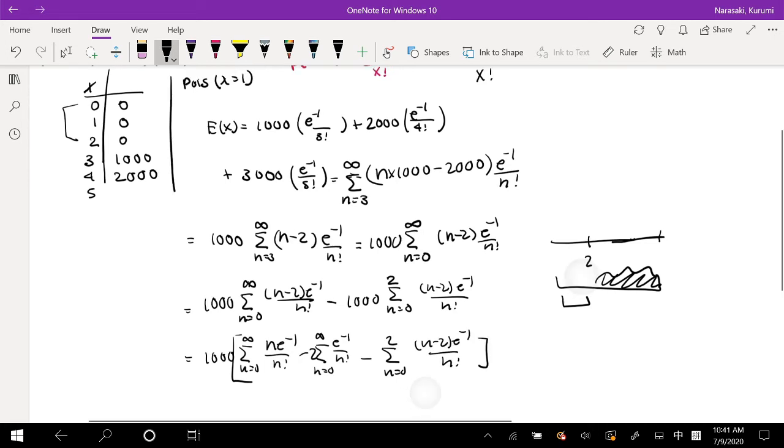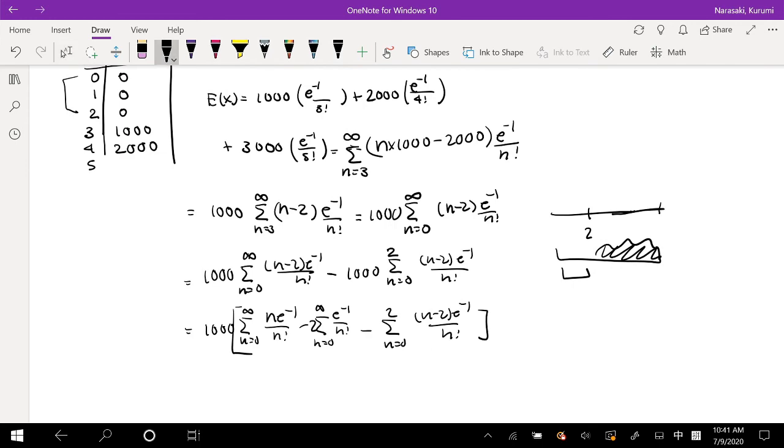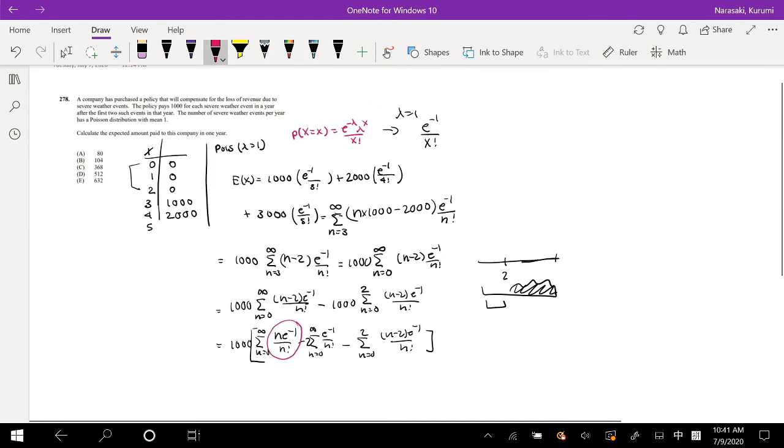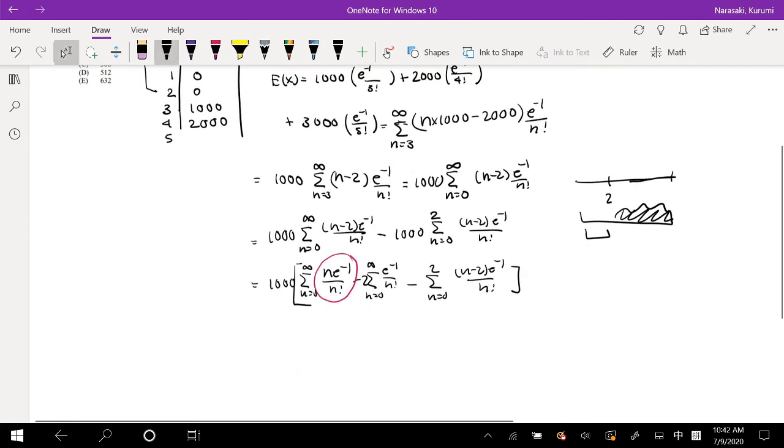Okay, so we actually know what this is. We know our Poisson distribution is given right here, right? E to the negative 1 over x factorial. So in our case, we're just using n factorial. When we multiply by n and sum it from 0 to infinity, that's just the expectation of a Poisson distribution, right? And we know that for a Poisson distribution, the expectation is equal to lambda.